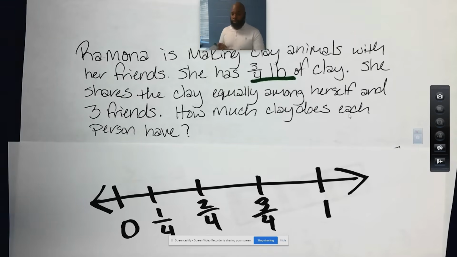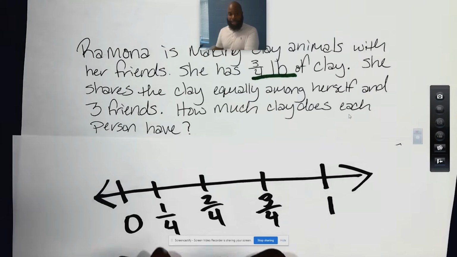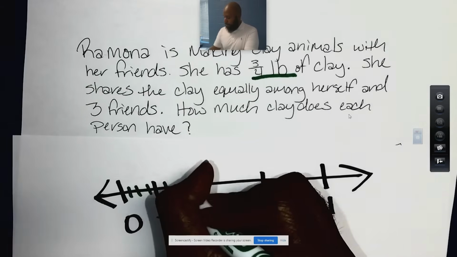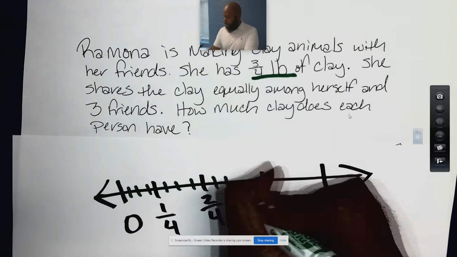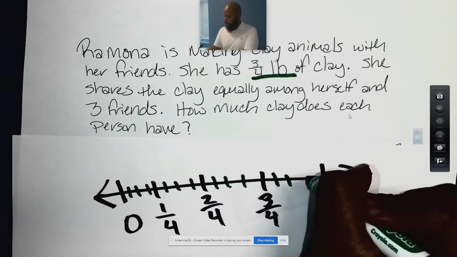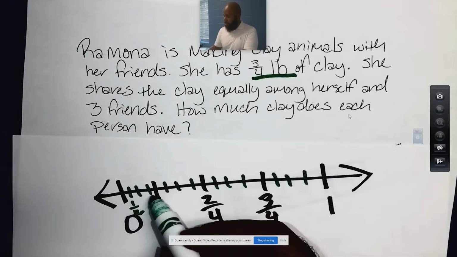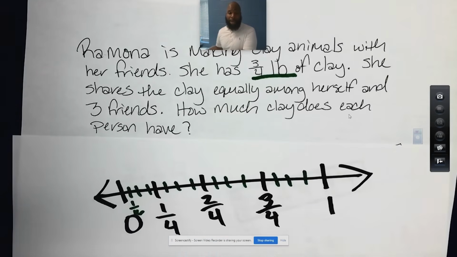So I'm going to break it down into my 16ths. So this is 1/16. Each mark represents 1/16 on my number line.